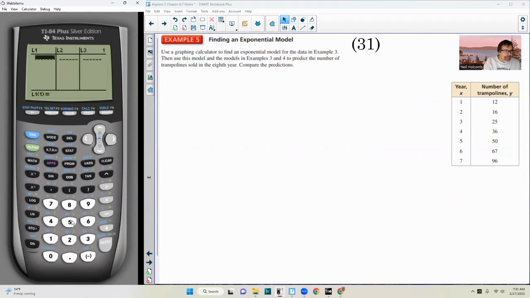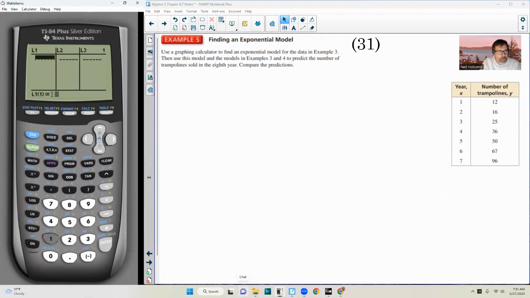And if there's some data here, let's just say there was 5, 6, 7, 10, something like that. If you want to get rid of that, all you do is go up until your cursor is over L1. You hit clear and you arrow down. So it's empty. Okay, just want to make sure that's empty. Now I want to enter this data 1 through 7.